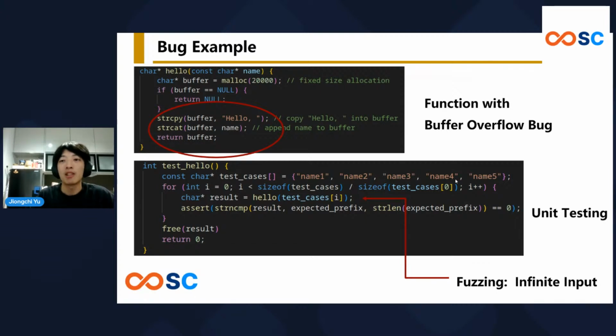We might miss the vulnerability with fixed test cases. Well, if we adopt fuzzing here, we just need to replace the test case with the fuzzing input, which is theoretically infinite and is able to find the bug once a test case is longer than the preset memory.